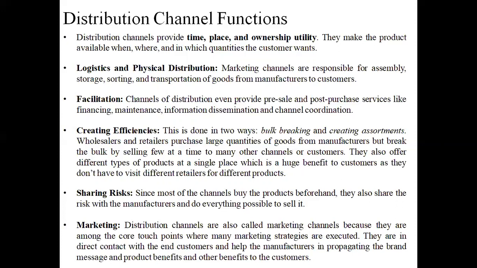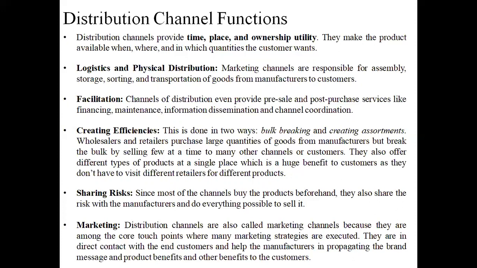Next is creating efficiency. Bulk breaking, because customers on their own will not buy in bulk. So wholesalers buy in bulk from the manufacturers and break that bulk. It means they further supply the product in small quantities to the retailers, and they do assortments also.